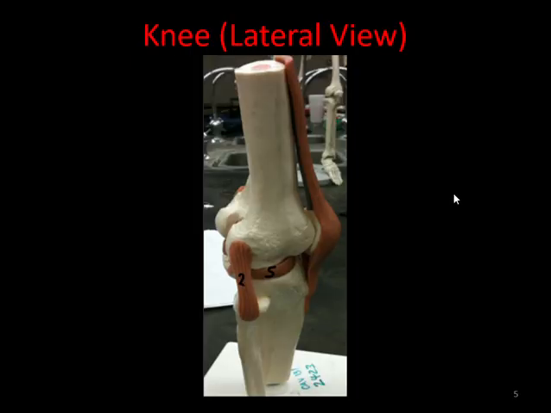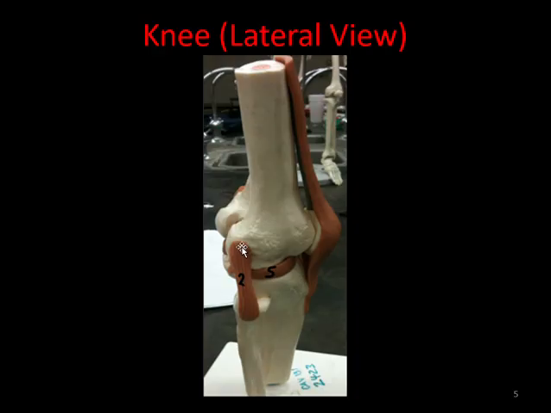And then one more view, we have the lateral view of the knee. We've already talked about all these structures, but a quick review again. So we have the femur here, we have the tibia, we have the fibula. Again, we do know that because we're seeing the fibula here, it is on the lateral side of the body, on the outside.